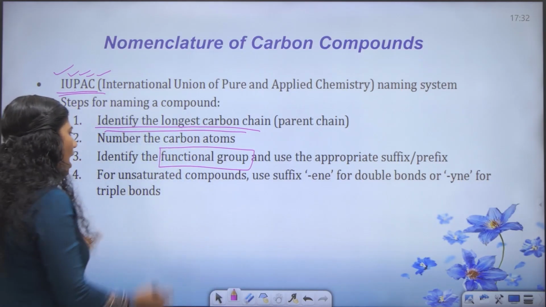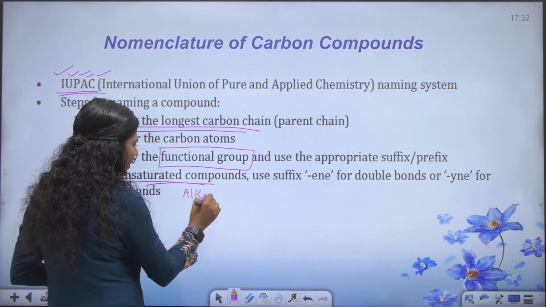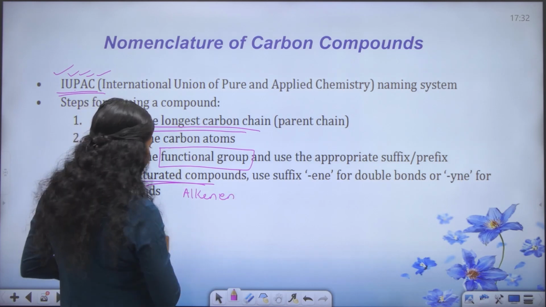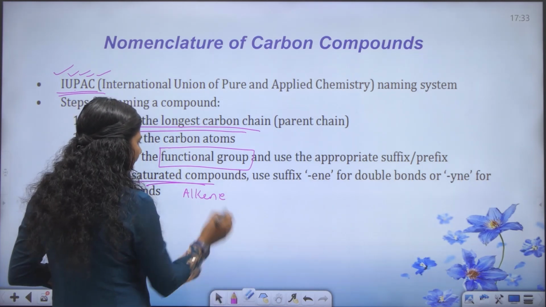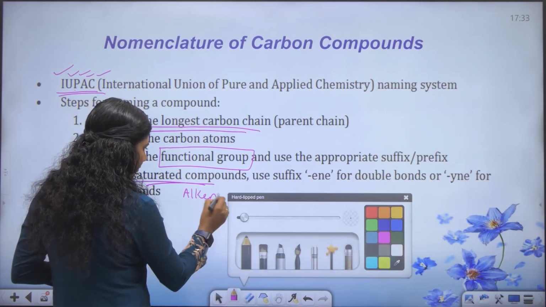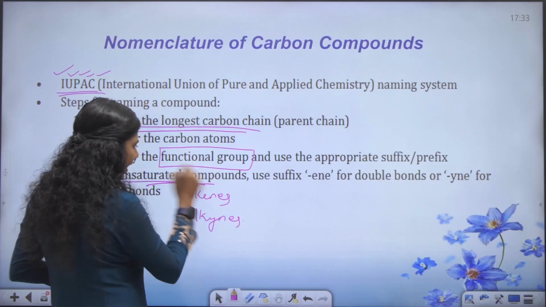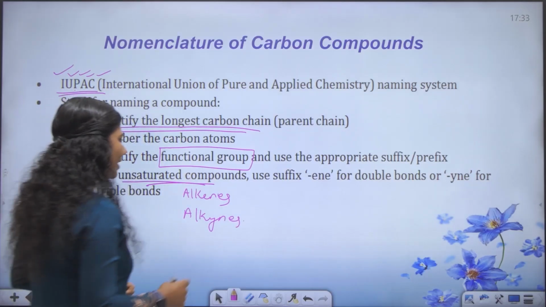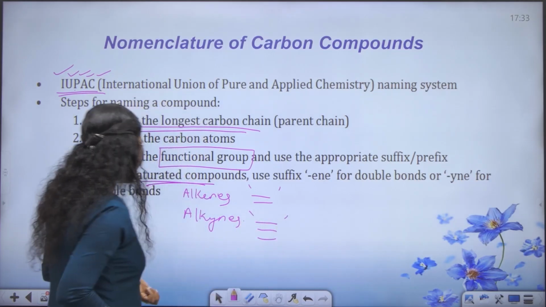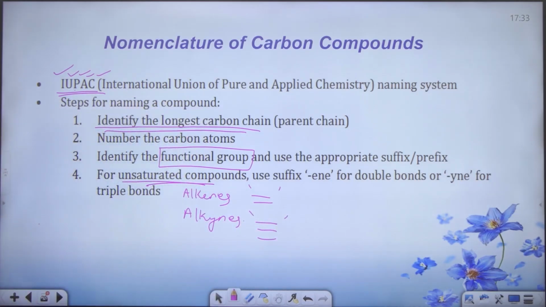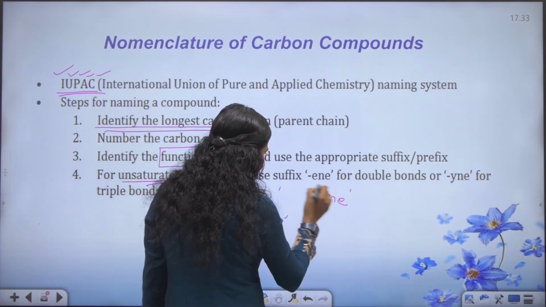We know that unsaturated compounds are alkenes and alkynes. Alkenes are double bonded compounds and alkynes are triple bonded compounds. For alkenes, use the suffix ene, which means the name of alkenes ends with ene.